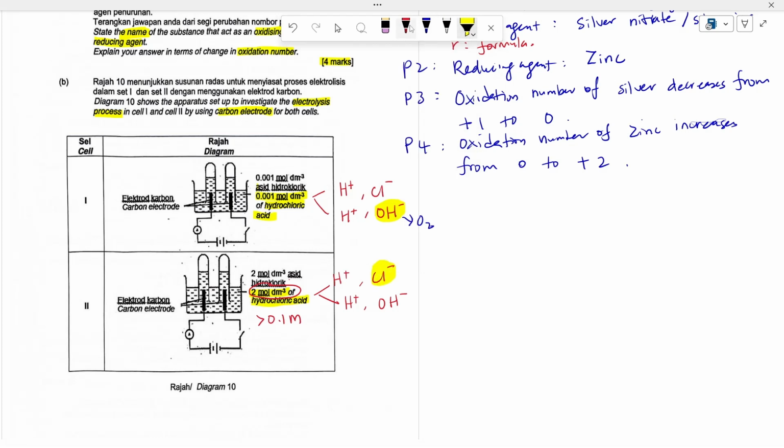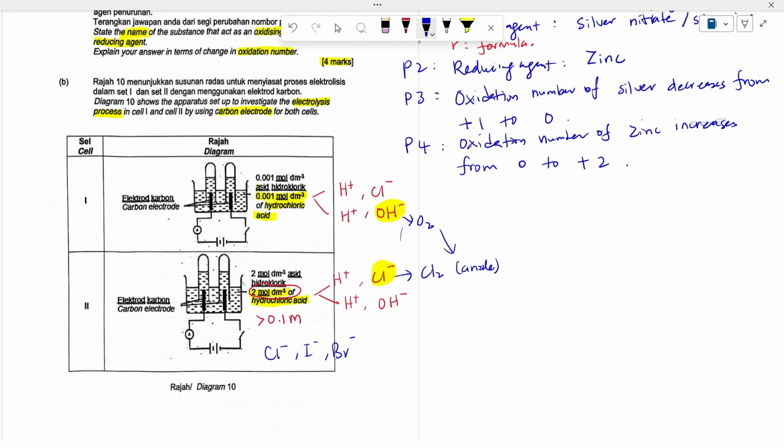So in other words, you produce chlorine gas at the anode there. Here also, for the higher concentration, the affected ions will be chloride, iodide, or bromide. So only these three ions, if they are concentrated, will be selectively discharged.